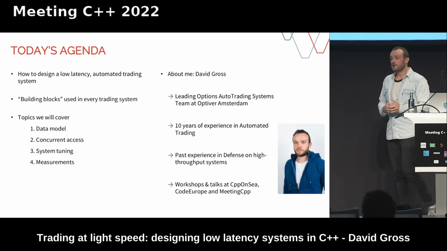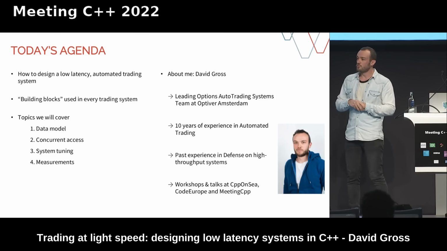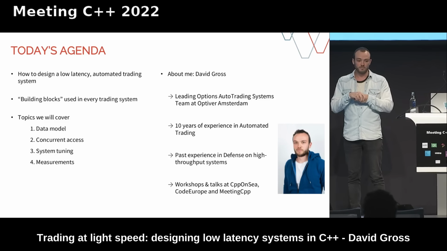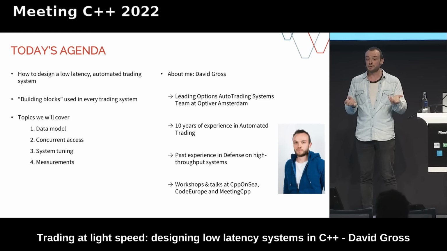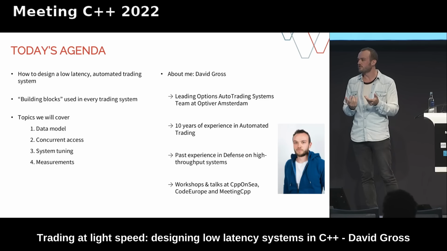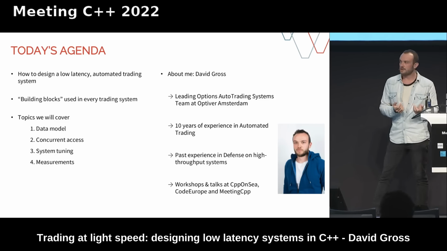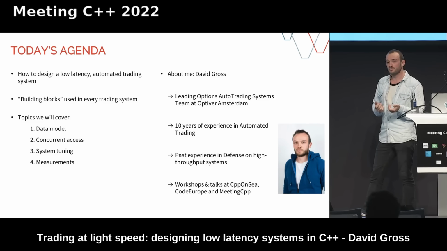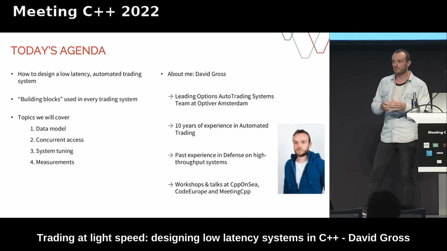So today we would like to build together such a low latency automated trading system. It's hard to cover everything in an hour talk, so I had to pick a few things, and I would like to cover 4 topics with you.